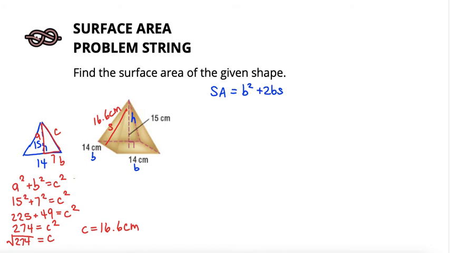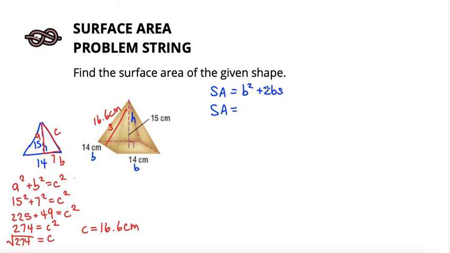Now I can calculate the surface area of my pyramid. So I have my base, which is the square, base squared. Area of a square is length times width, or b times b. And then I have 4 triangles.